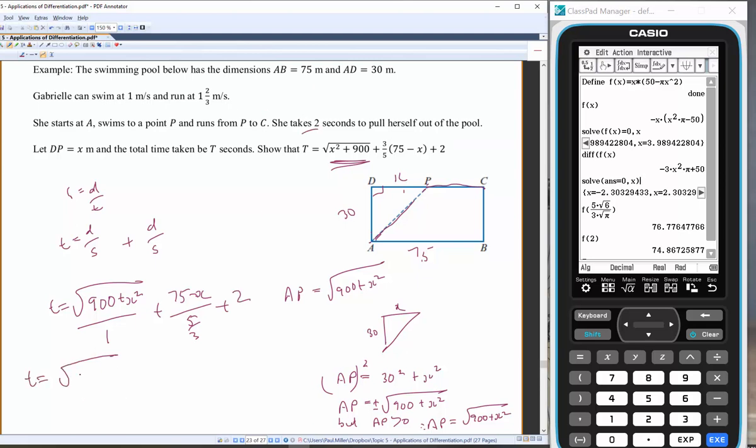So t is equal to root of 900 plus x squared over 1, plus 75 take x divided by 5 on 3, which is the same as multiplying by 3 on 5, so that's 3 times 75 take x over 5, plus 2. How's it written? They've got it as that, so t equals that, as required.